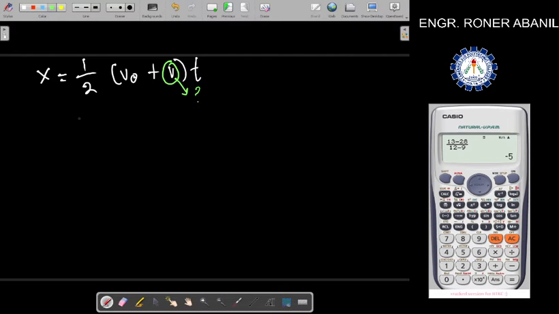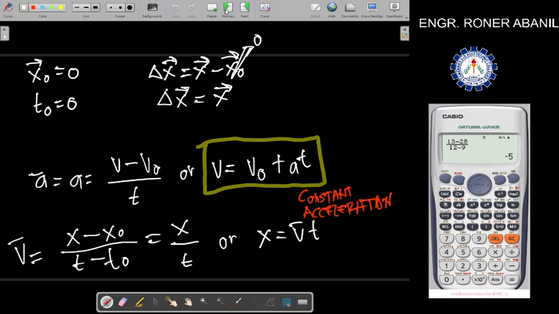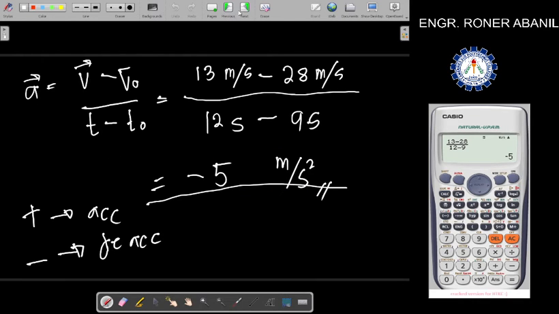So, pwede nating makuha yan gamit yung formula na v is equal to initial velocity plus acceleration multiplied by time. No? Binigay ko ba yan? Alam ko binigay ko yun eh.